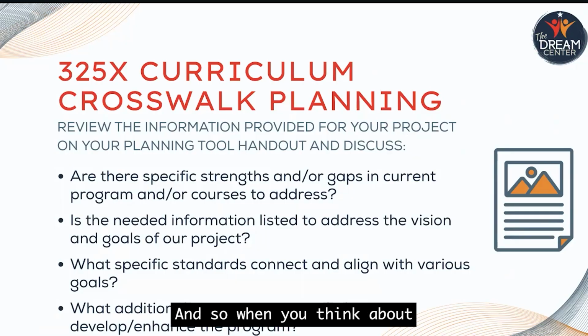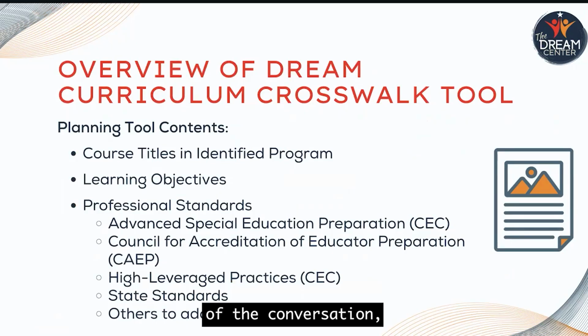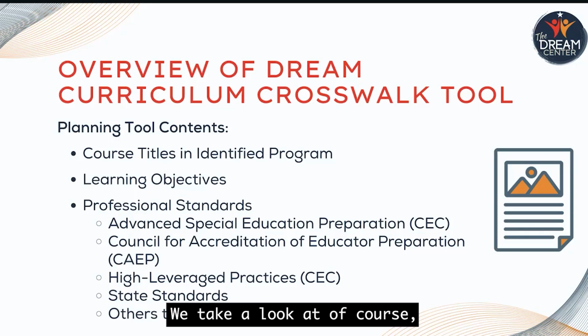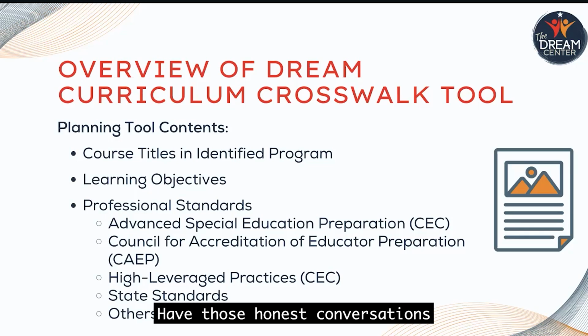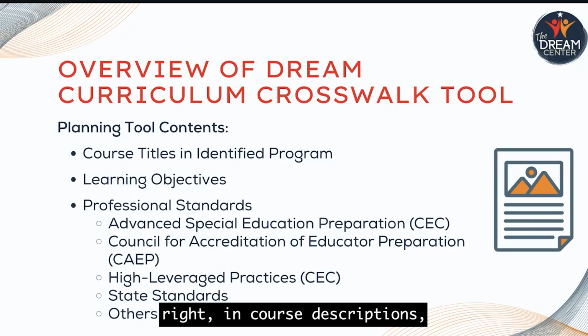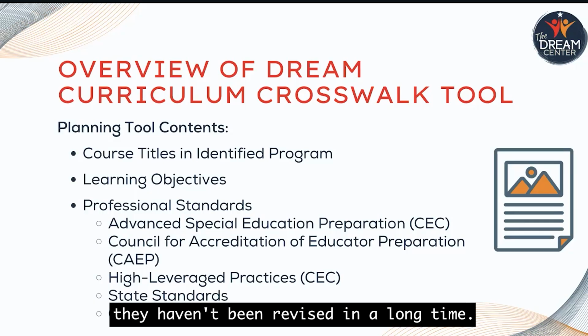And so when you think about this curriculum crosswalk tool, just to bring this part of the conversation to a close as we move forward, we take a look at the course titles, the learning objectives, and have those honest conversations, my friends. When you have the word mainstreaming in course descriptions, I'm thinking they haven't been revised in a long time.